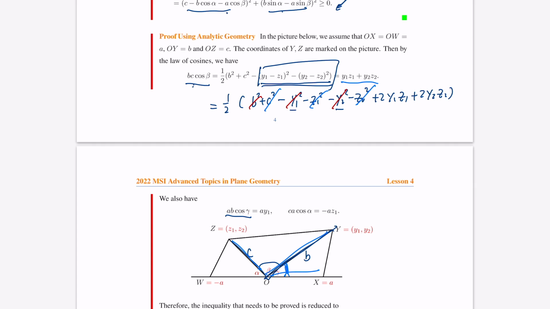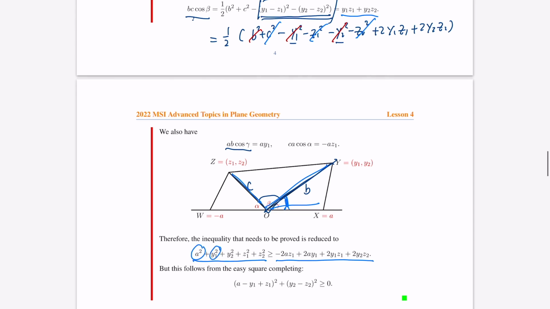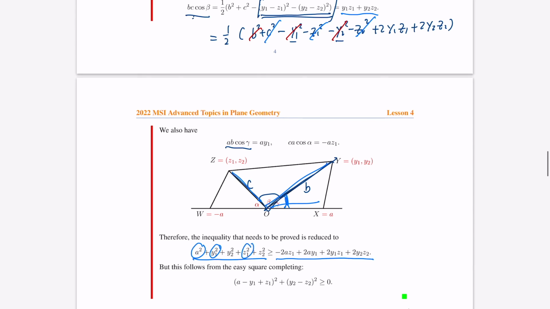Okay, so now putting them together, the trigonometry goes away. You want to prove that this guy is going to be equal to the right hand side. Of course, that's through a lot of computation. But the nice part is that you can separate the problem into two. So I have a squared here, y1 squared, z1 squared.